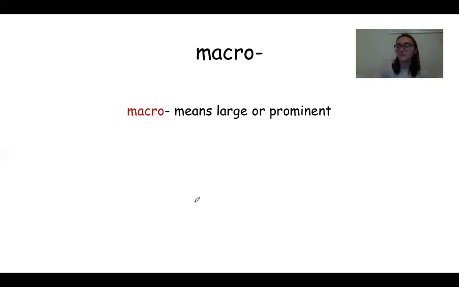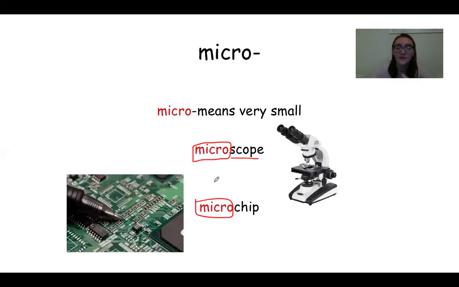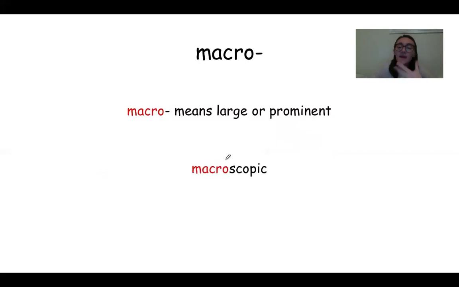So macro means large or prominent. This word prominent means that it's the main focus. So, for example, if you use the word macroscopic instead of microscopic, meaning you can't see it because it's so small, macroscopic means it's big enough to see with your own eyes. You don't need anything to help you.